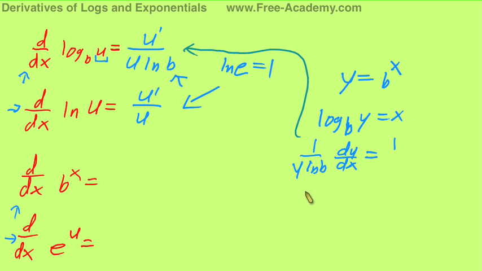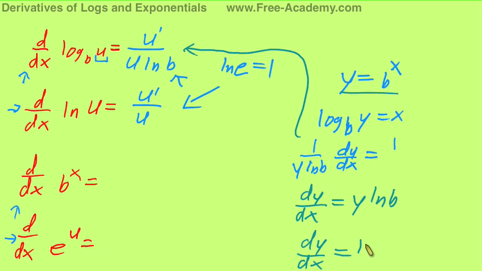Moving forward with this, now we're going to actually solve for dy dx. We're going to cross multiply to get dy dx equals y times the ln of b. Now we have an equation for y, which is what we originally started with, so we'll substitute for it, and we get the derivative equals b to the x ln b, which is our answer here.